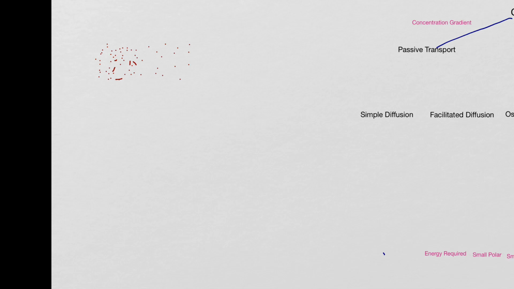And so what would end up happening in that situation is that the stuff right here that we would call a high concentration would move towards a low concentration. That is what we're talking about when we're talking about passive transport. Passive transport always has to do with a concentration gradient, and that concentration gradient is going to move from high to low.